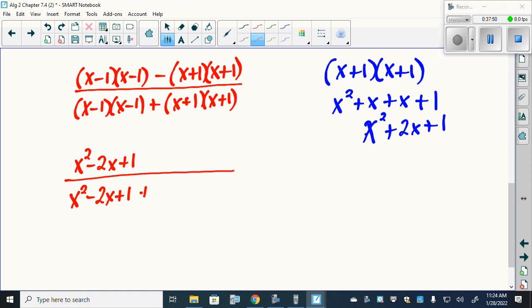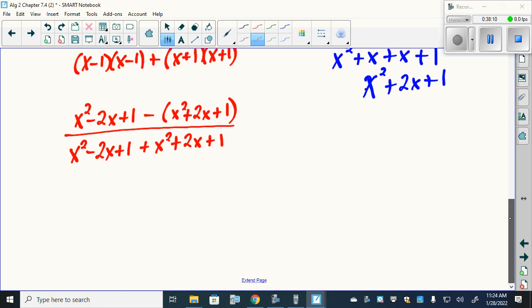Now for the denominator, we can just put x squared plus 2x plus 1. But the numerator, it is being subtracted. So we have to kind of put the parentheses around it just as a reminder to ourselves that the signs inside those parentheses are going to change from positive to negative or negative to positive.